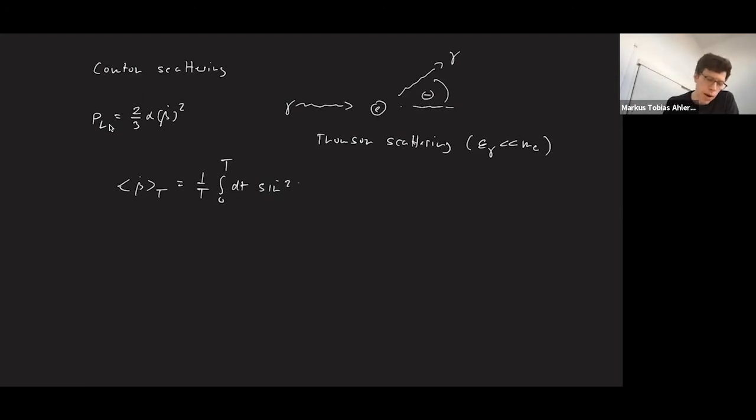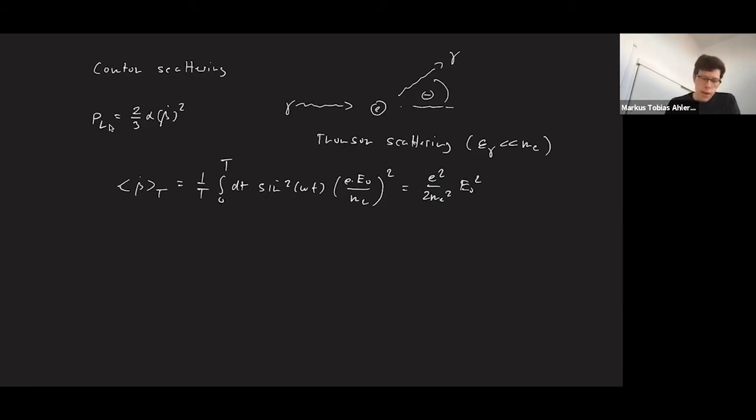So this will be sine squared omega t, with the frequency of the electromagnetic radiation, and then I have e times E0 divided by me. This will give me the acceleration of the particle in the background of the oscillating field of the incoming photon, squared. And the time average will simply be e squared over 2 me squared, E0 squared. So E0 is the amplitude of the electromagnetic background radiation.